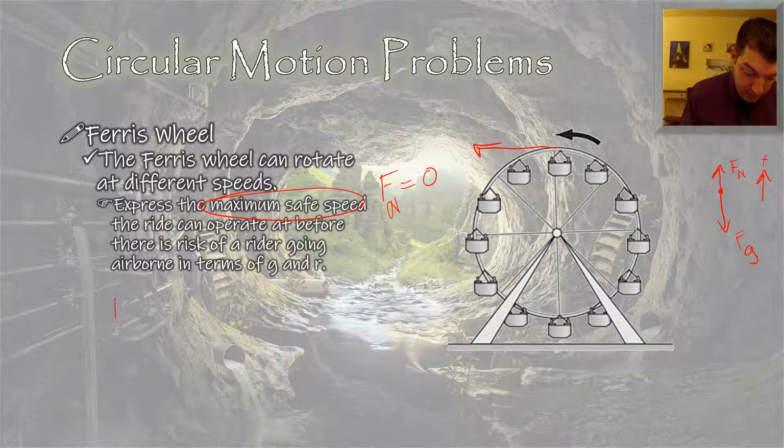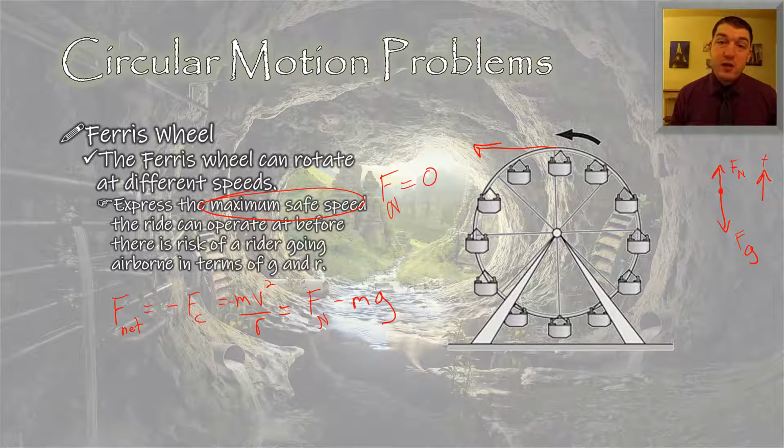So when I say the net force, in this case, it's going to be a negative centripetal force, and that's going to be equal to negative mv squared over r, and that is going to be equal to the normal force minus the force of gravity, or mg.